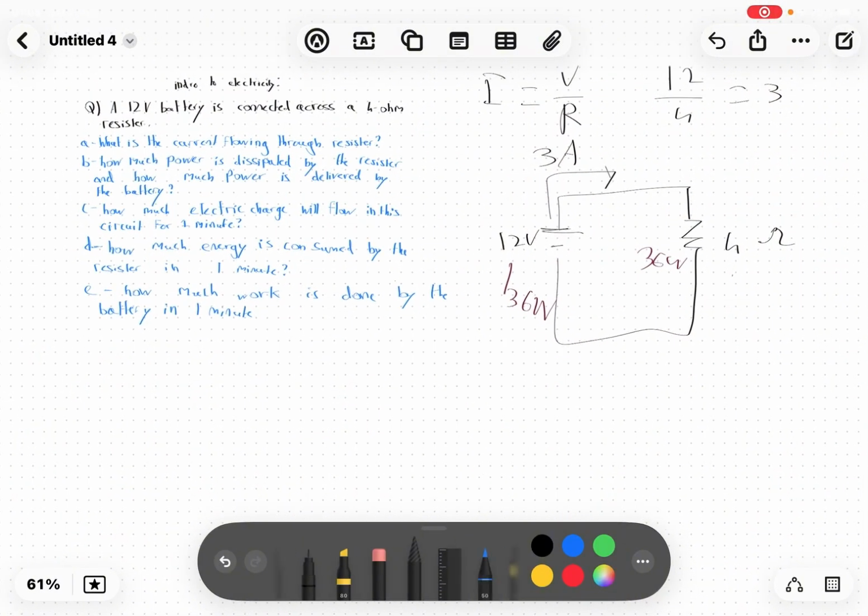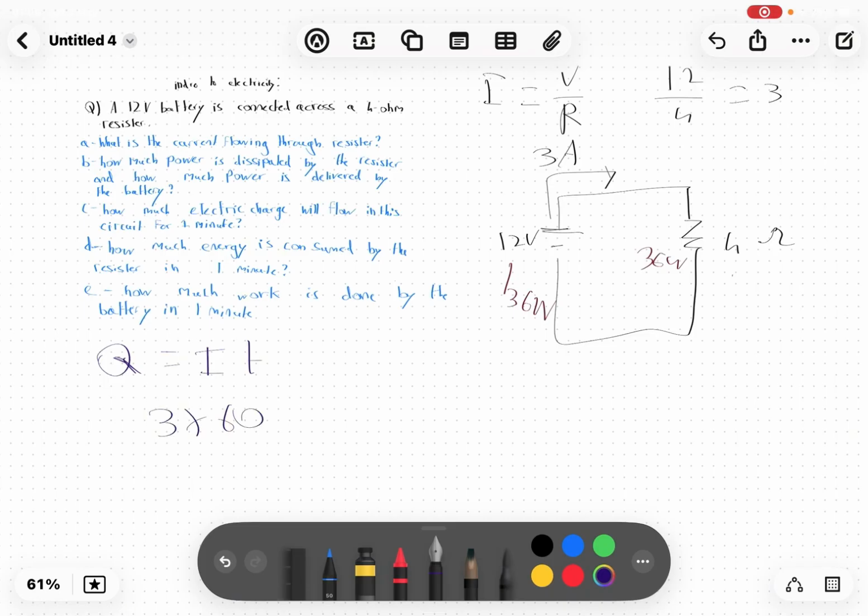So basically charge is equal to the current times the time. So that would be 3 times 60, so that would just be 180 coulombs.